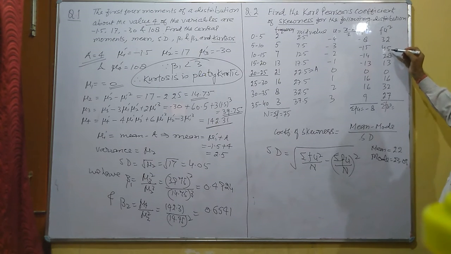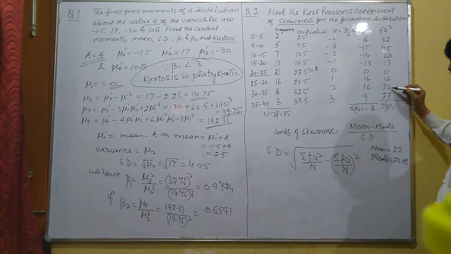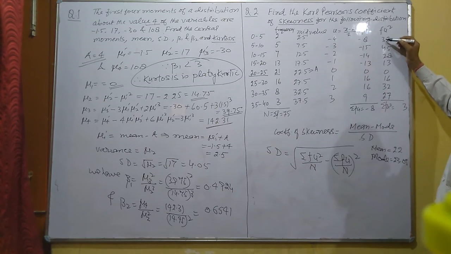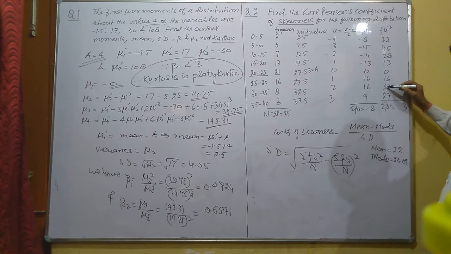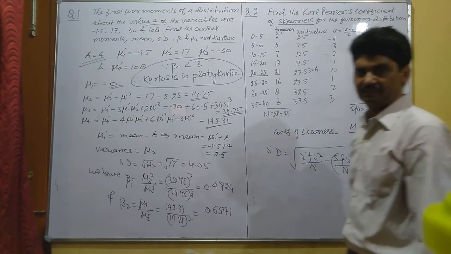Sigma fu square: 7, 15 and 18, and this is 24, 26 and 33, 6, 10, 12, 13, 14, 17 and 19. It comes 193. Okay.